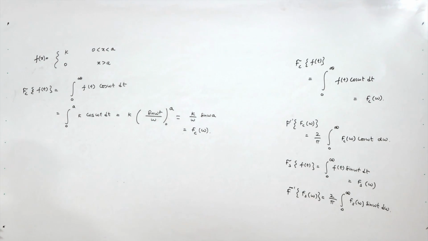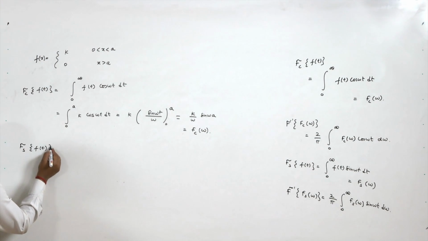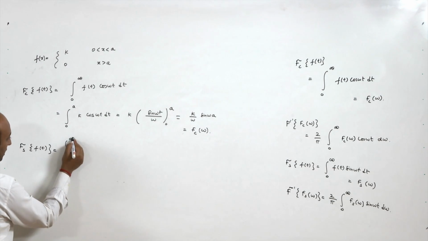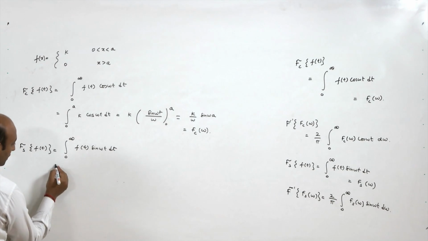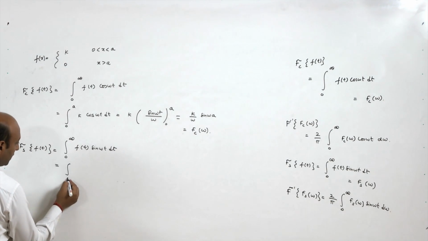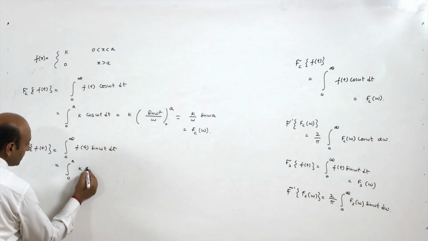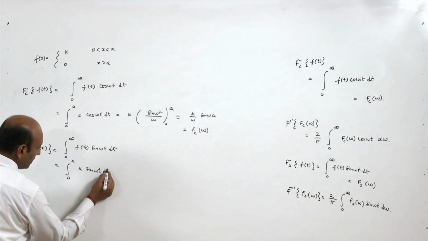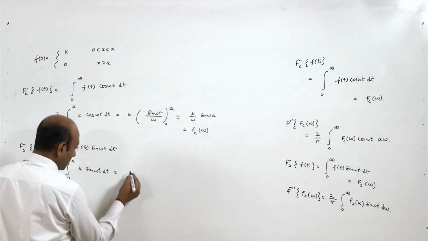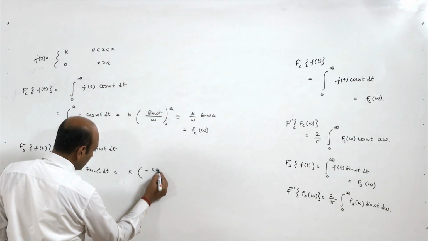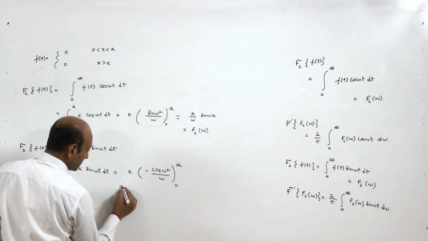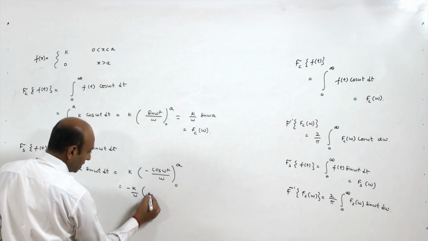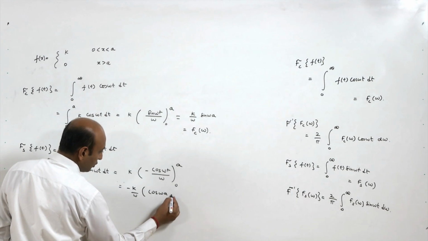Now, similarly, if you want to find the Fourier sine transform of this function f(t), it will be the integral from 0 to infinity of f(t) sin ωt dt, which is equal to the integral from 0 to a of k sin ωt dt. k can come out, it is minus cos ωt upon ω from 0 to a, so it is minus k/ω times (cos ωa minus 1).